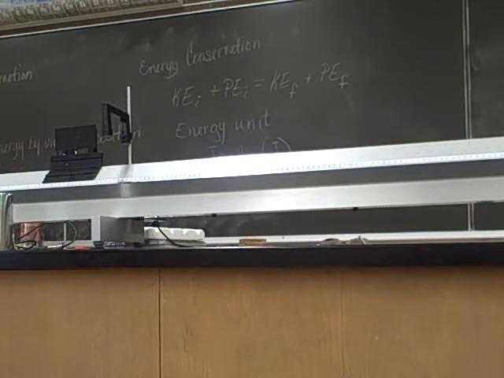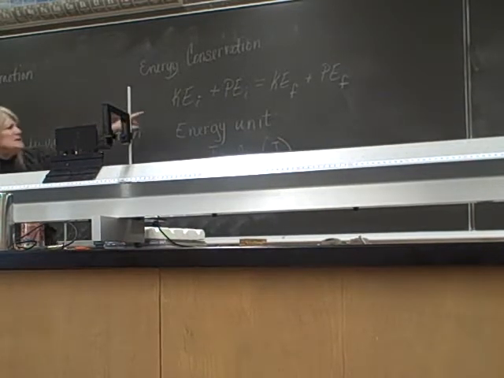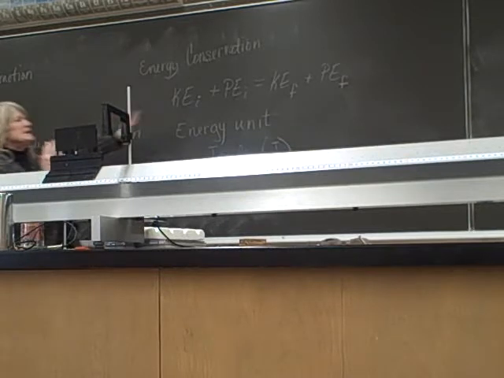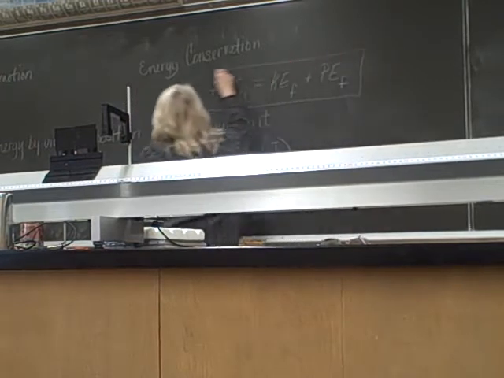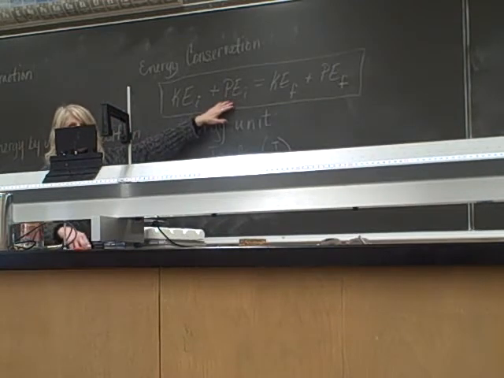That's also a joule, all right? So kinetic energy and potential energy are both measured in terms of joules. Now this is the key thing that we're testing today. But these other things I think you need to understand in order for this to make sense.